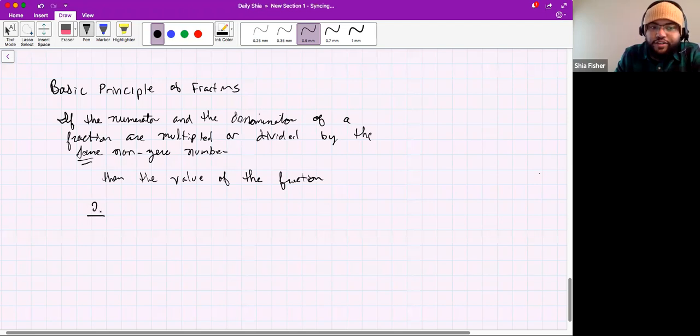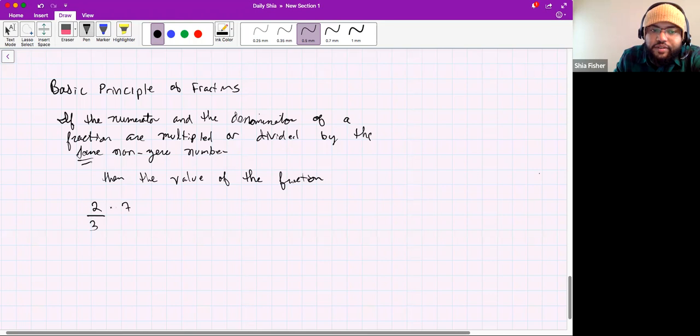All right, I heard 2/3. So 2/3 is a proper fraction because the numerator is smaller than the denominator. And what this says is if the numerator and the denominator are multiplied or divided by the same non-zero number. So now I just need a non-zero number. How about, I don't know, 7? Okay.